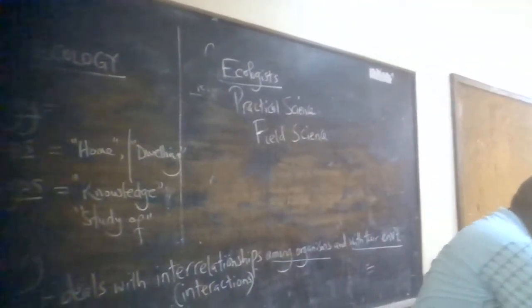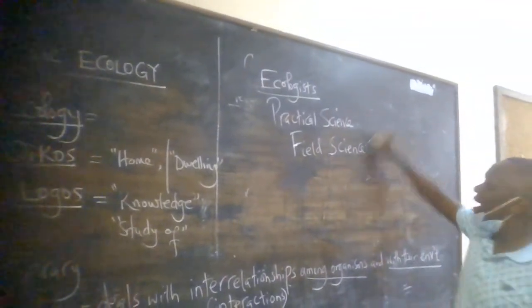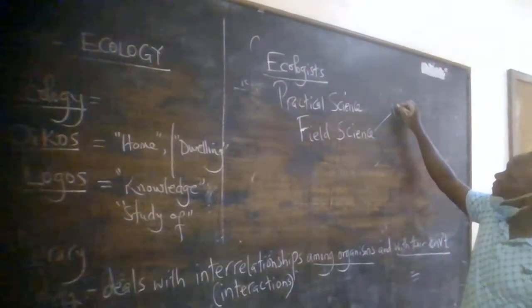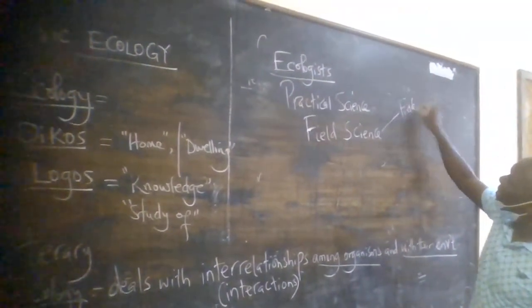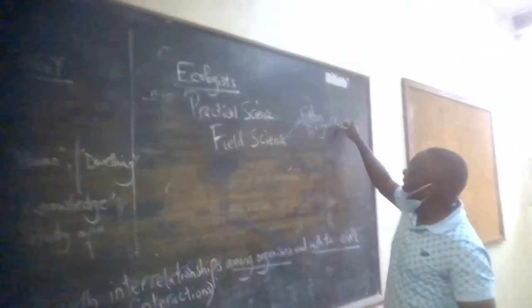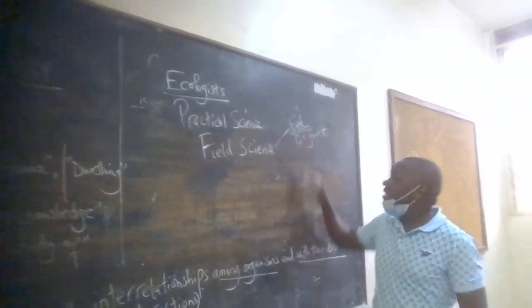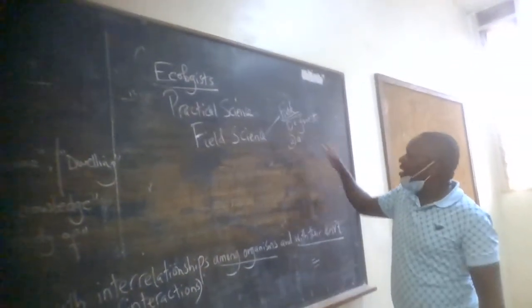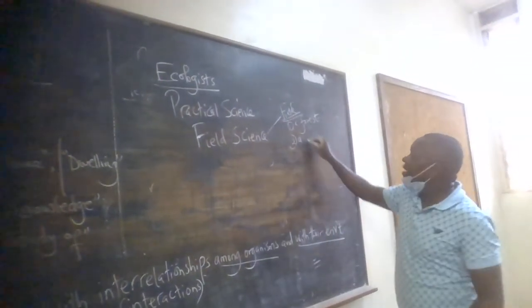The laboratory of an ecologist is the field. Are we there? I've said the field could be a forest. Are we there? The field could be a wetland.